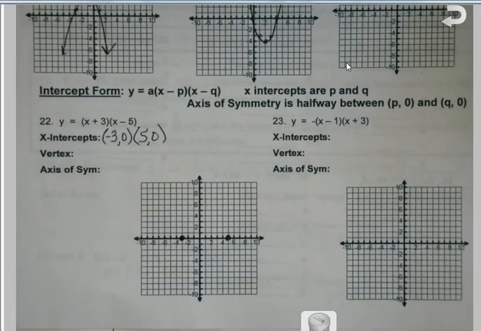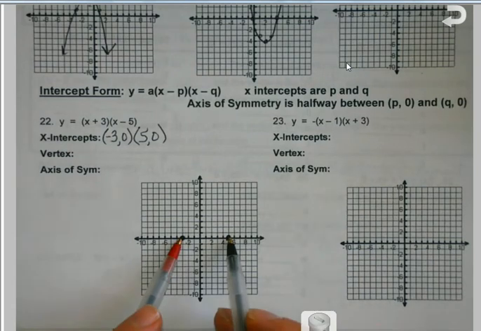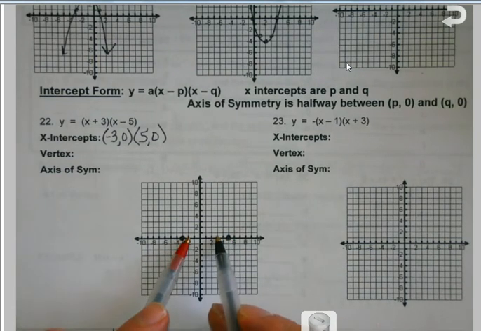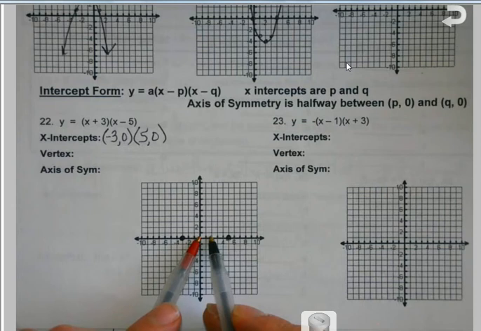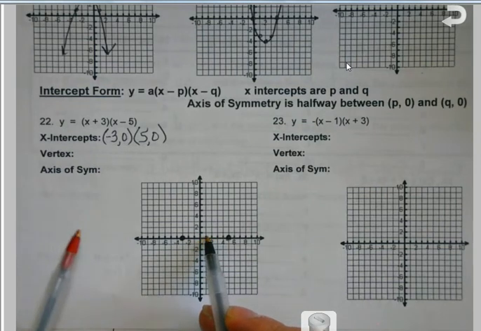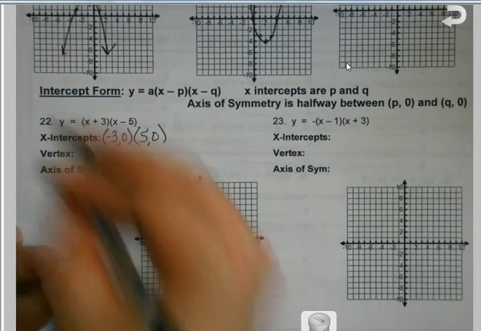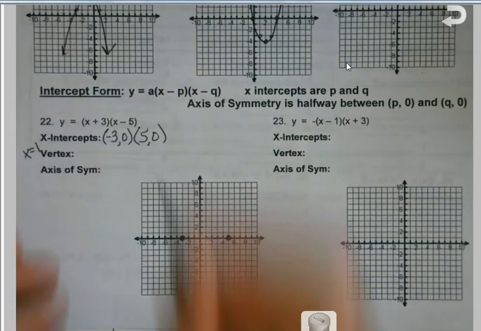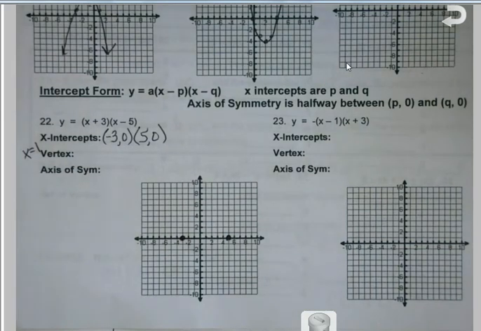Nope. To find the vertex, we find the spot that's halfway in between. Sometimes I can do something as simple as just coming in one by one until I find that spot. So in this case, that spot would be 1. Or you could just do it like a midpoint. You could do -3 plus 5 and divide it by 2. It works the same way.